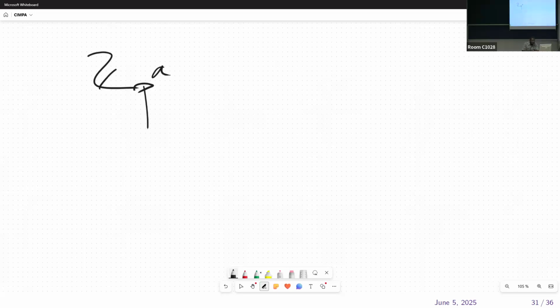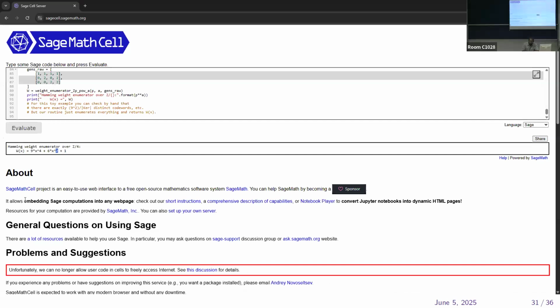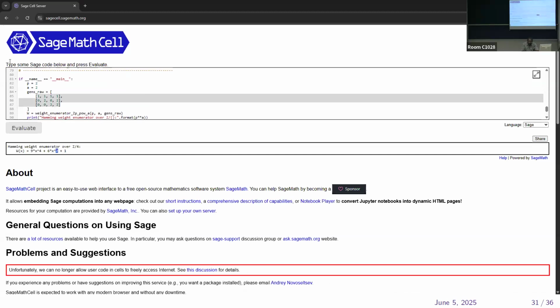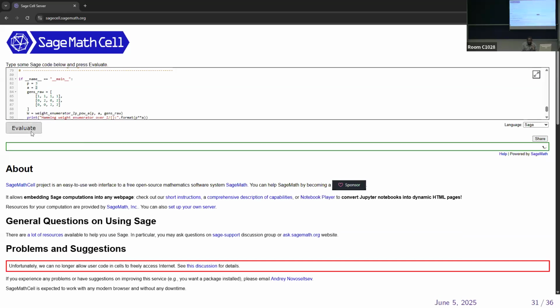Here you change p, you take 2, we take 3.